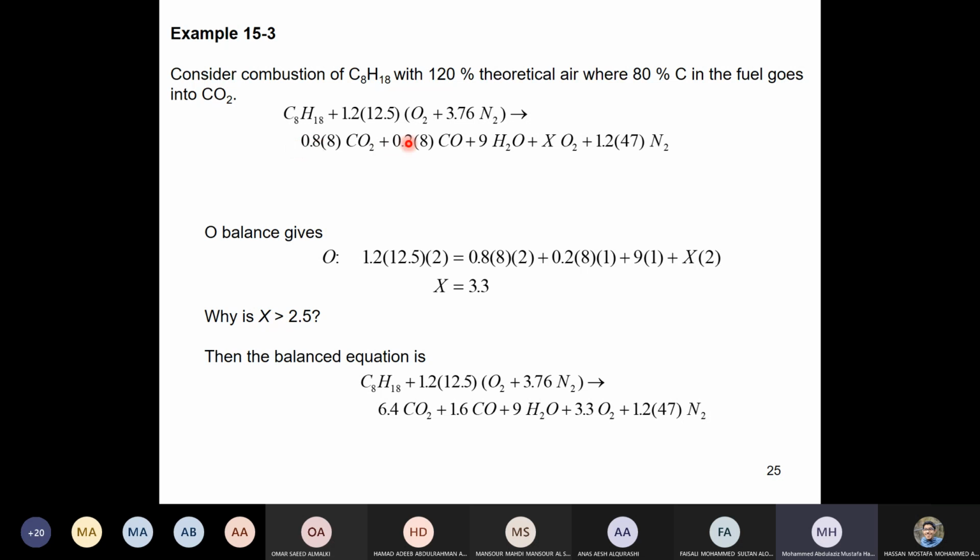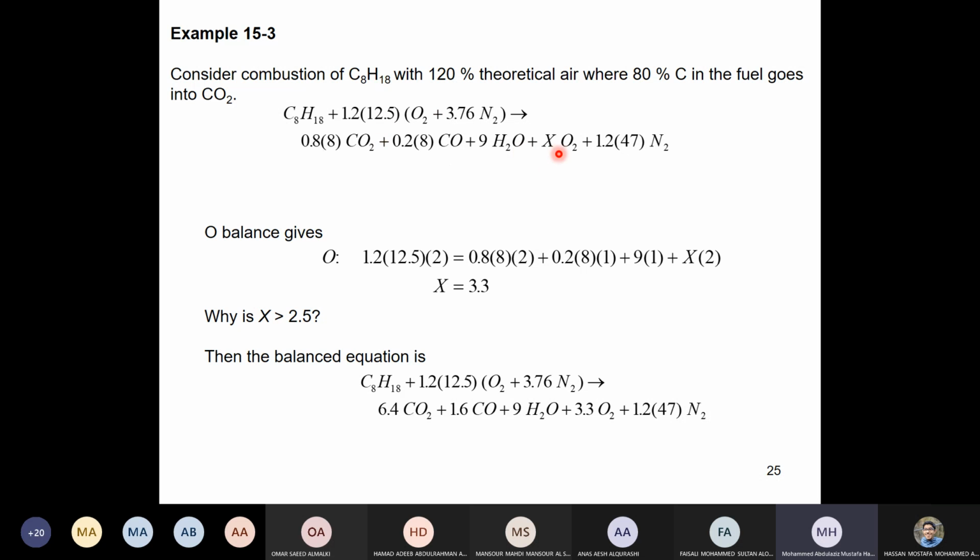Then the remaining goes to carbon monoxide, so it is 0.2 multiplied by 8. Theoretically this is 8; now 80% of the 8 goes to CO2 and 20% goes to CO. Hydrogen will stay the same, so this will write the equation as this.